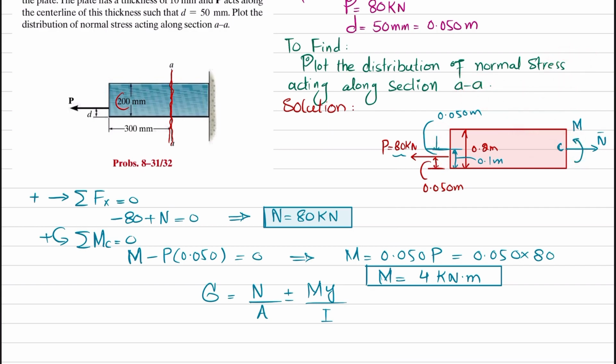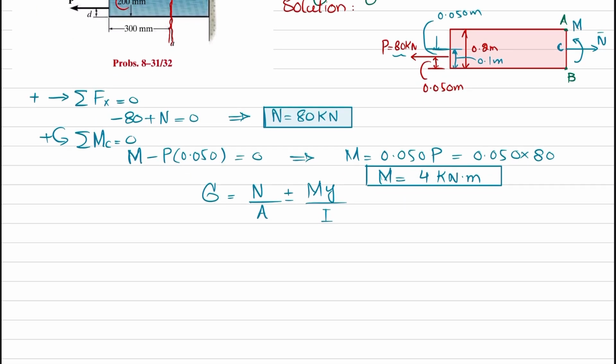Let the upper point be represented as A and the lower point as B, because we are going to plot the stress distribution along AA. So the stress at point A will be compressive, equal to N by A minus My divided by I, while the stress at point B will be tensile, so it will be N by A plus My divided by I.